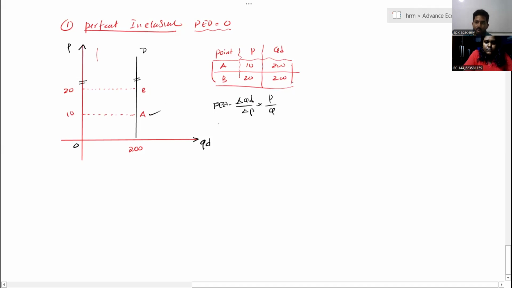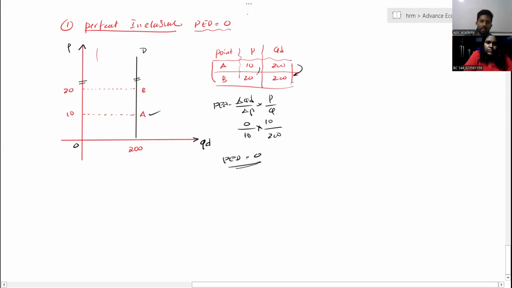I will take the point A. Delta QD means the change. It is 0. There is no change. Price at point A is just 10. Quantity is just 200. So anything, you have to multiply by 0. So it becomes 0 automatically.